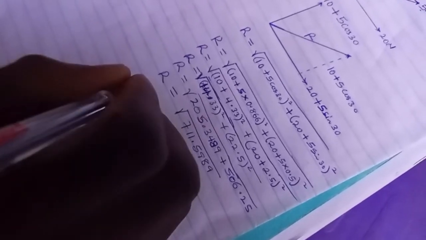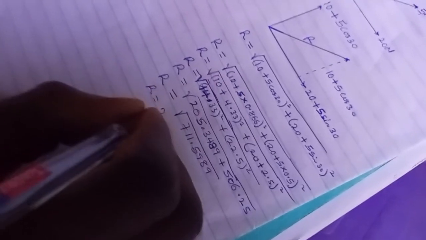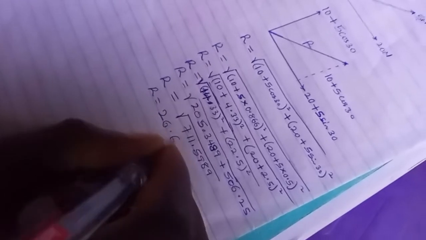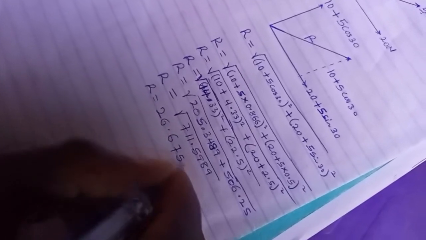The square root of 711.5989 is equal to 26.6758.